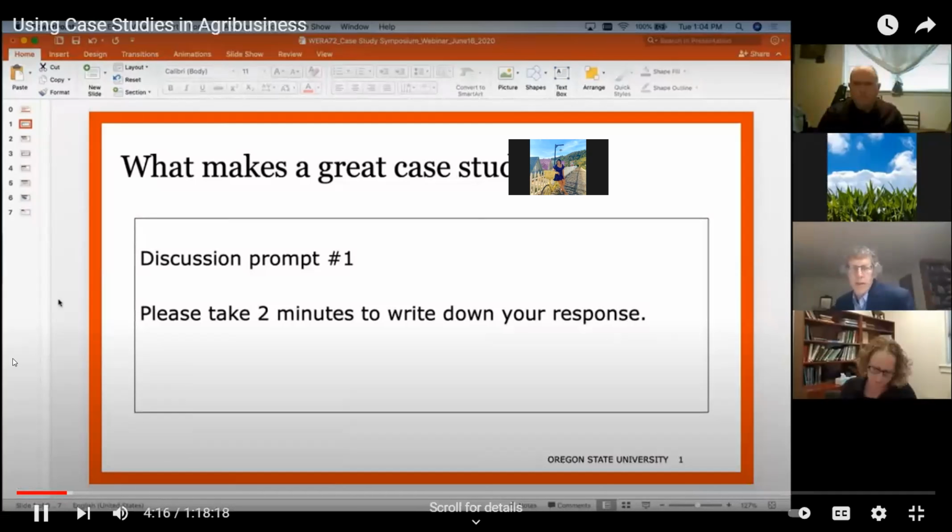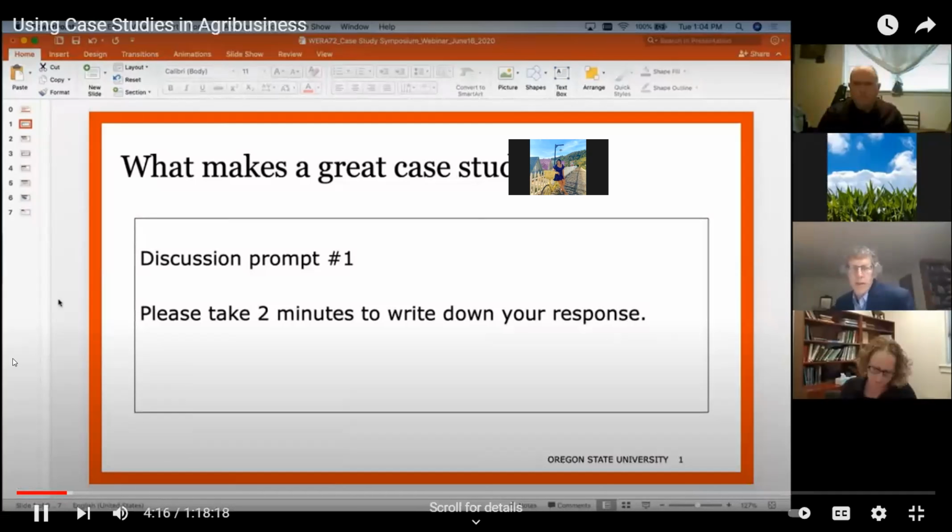And so oftentimes that's how cases are presented, how they're written. This idea that, hey, we're at an inflection point in the history of the company, an agribusiness, and some kind of decision needs to be resolved. And so that's what I would say is central to any good case.